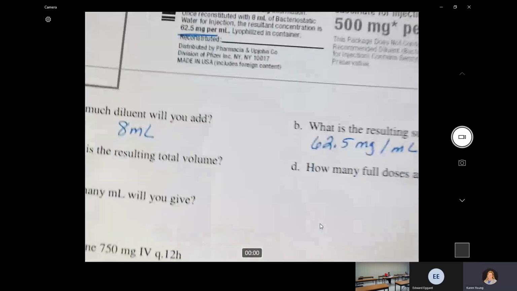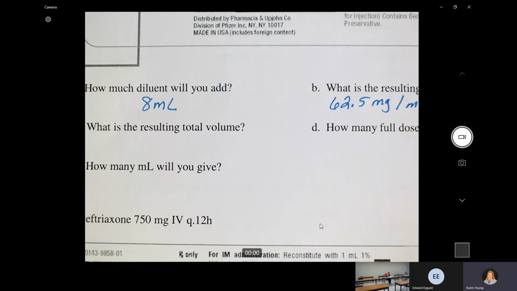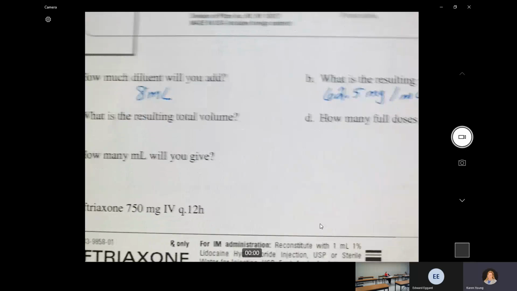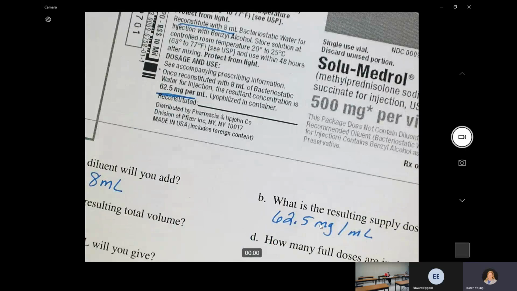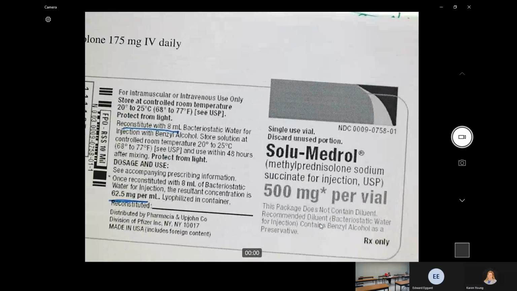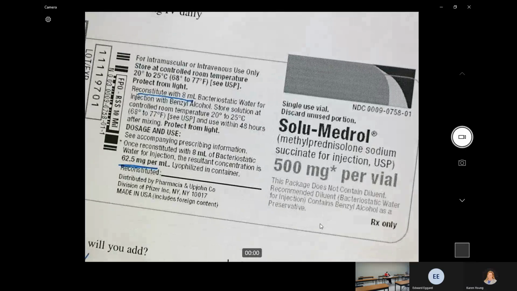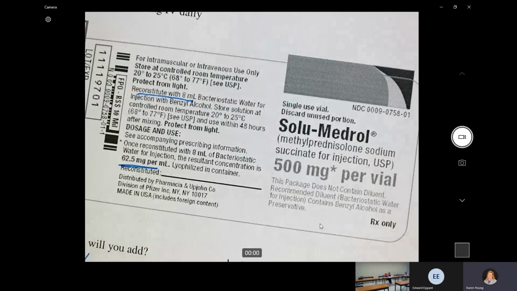All right, so how many milliliters are we going to give? I don't know if I can get it all back on there or not. The order was 175 milligrams, and we're giving 62.5 milligrams per milliliter. Two point eight.